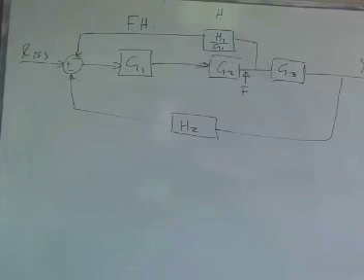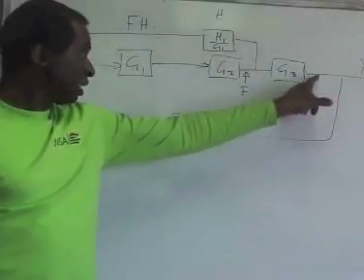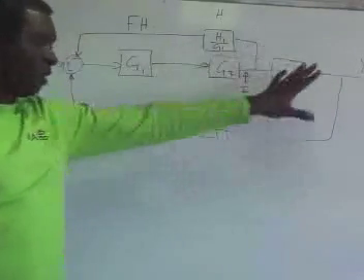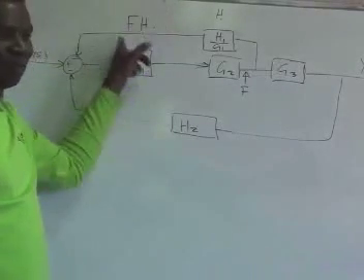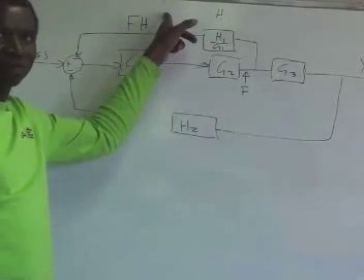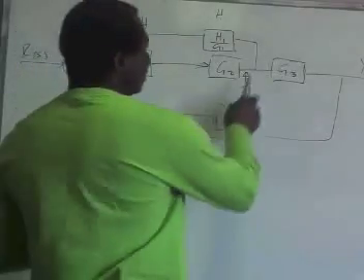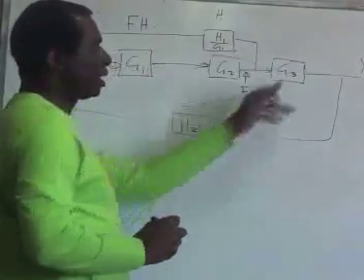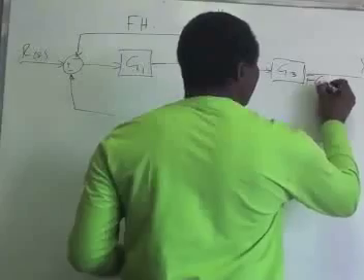Are we together? Suppose I pick it here. Let's see what signal we have here. Whatever we do, by the time we are taking a reading, it must read F, H. This signal, when it passes through G3, picks up G3, so it becomes F, G3.